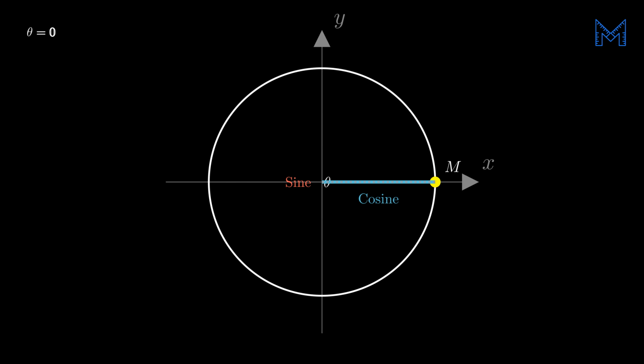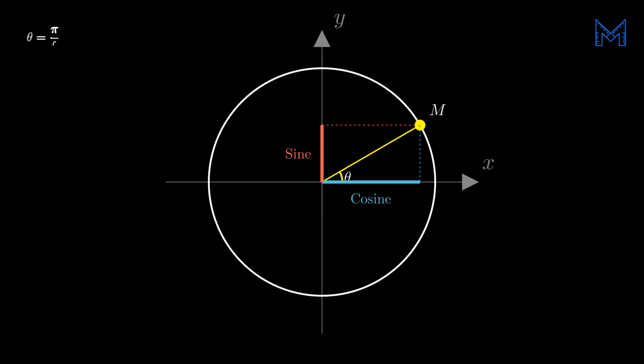Here the angle theta is equal to 0. The point M lies on the positive horizontal axis. We then observe that the cosine of theta is equal to 1, which represents, as you can see, the full radius, and the sine of theta is equal to 0.